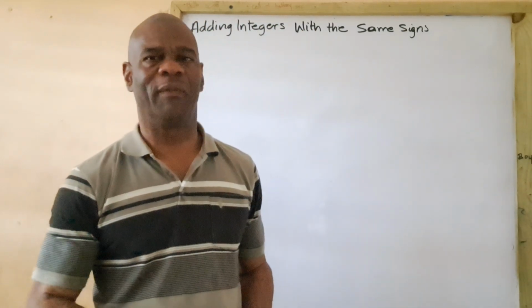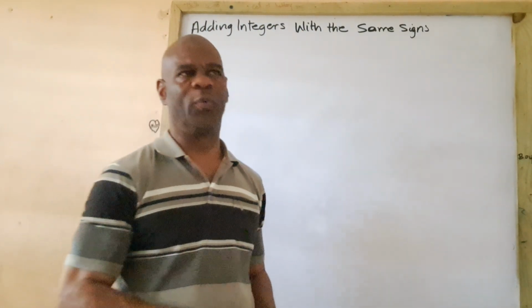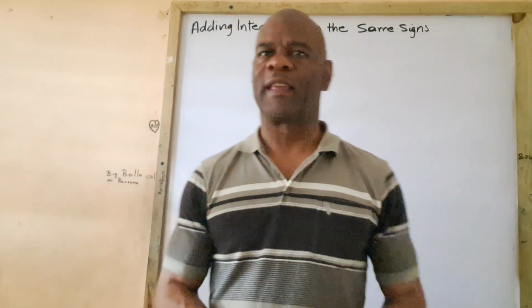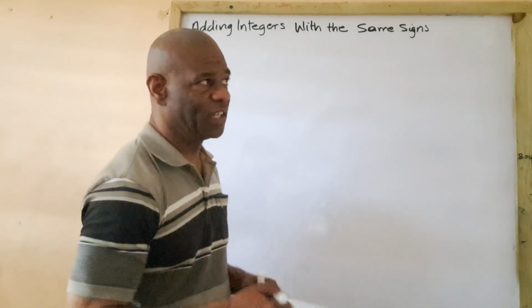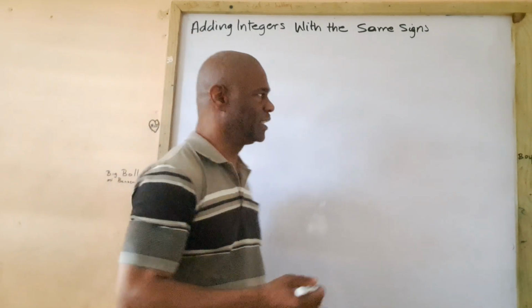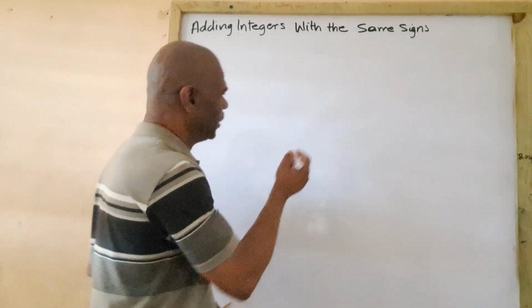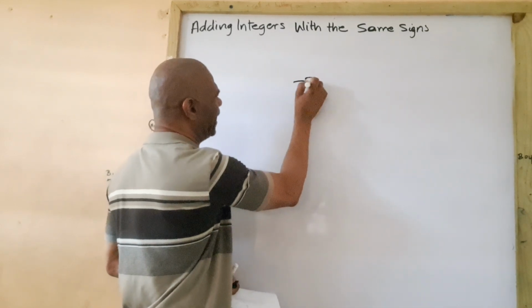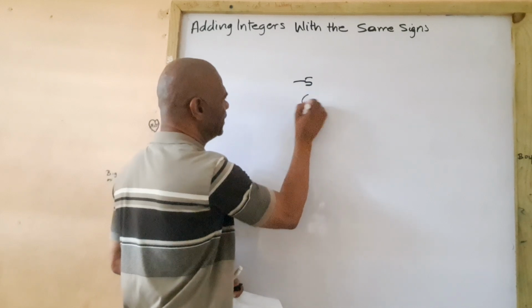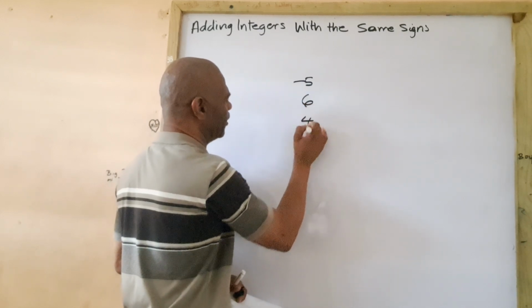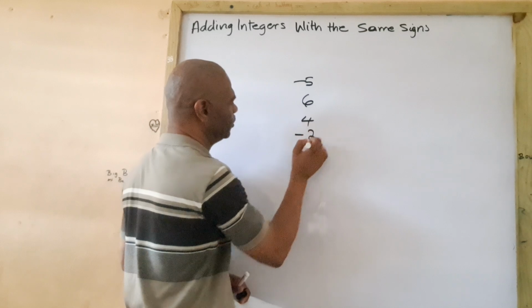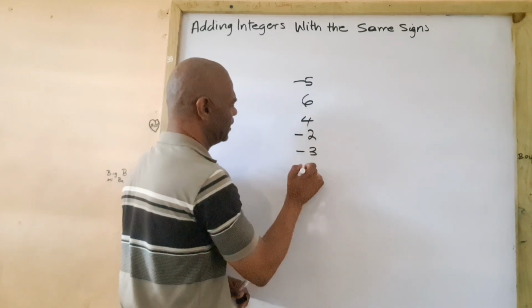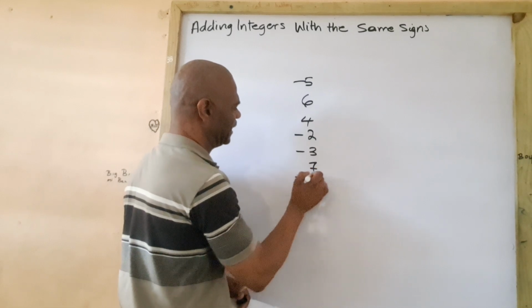Now one of the things we must understand before we start working on integers is how we order these numbers. Let's say we have these numbers: -5, 6, 4, -2, -3, 7, -10.